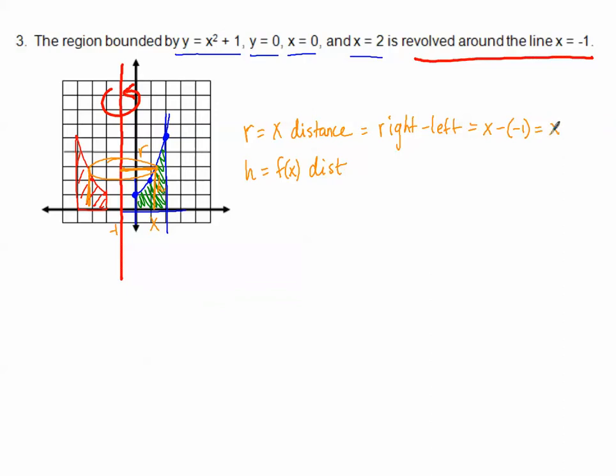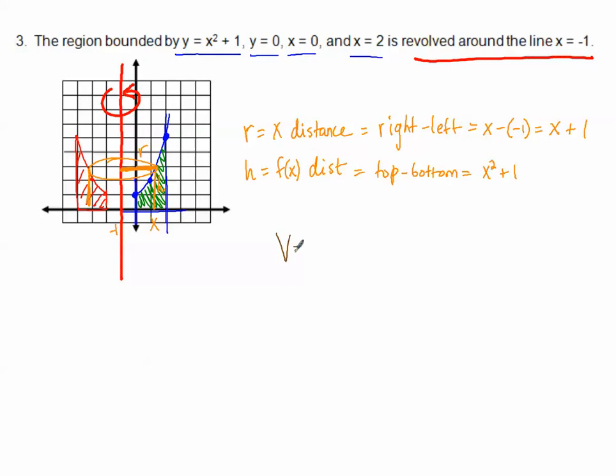Or out x units, but we've added an extra unit to the radius. It was just this, and we've added one extra unit all along the way. So x plus 1. The height, still top minus bottom, which is the function x squared plus 1 minus 0.